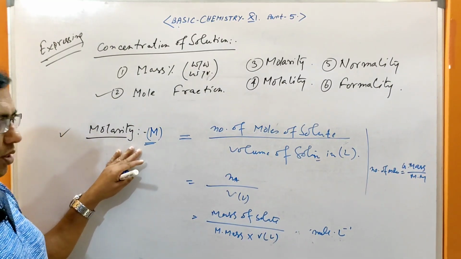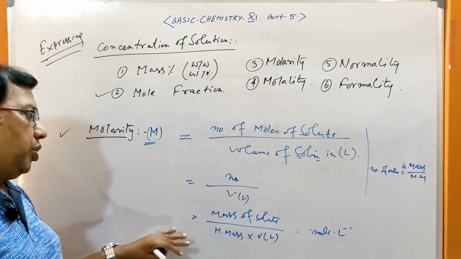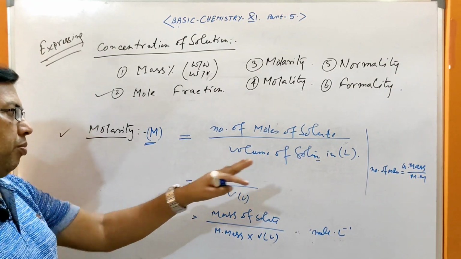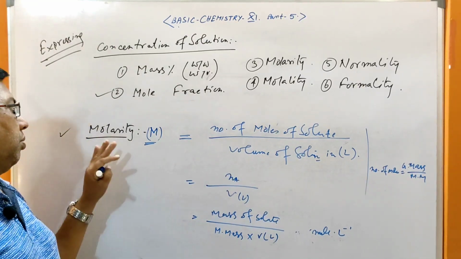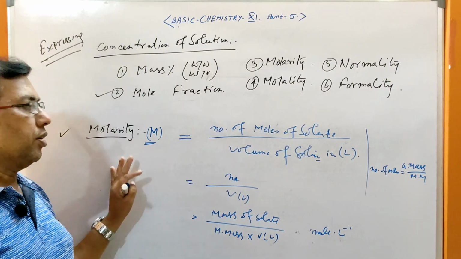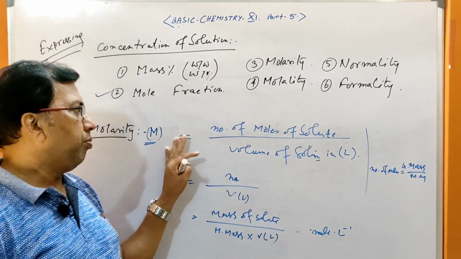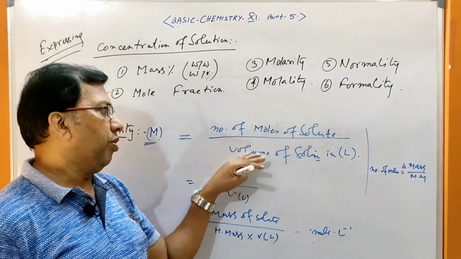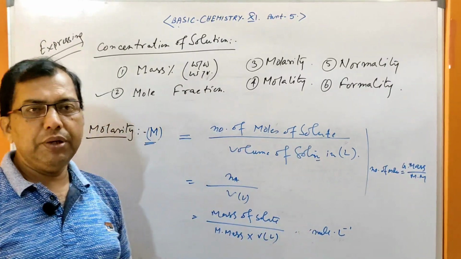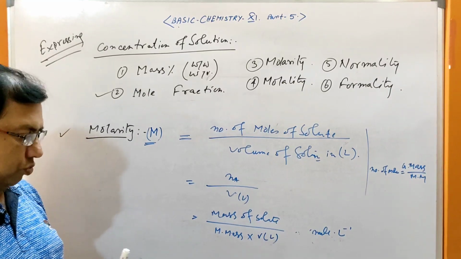The molarity. You can also convert the molarity into volume and number of moles, and also molarity and mass. This is given, you can also convert it. The molarity is the number of moles of solute in the volume of solution in liter. How many moles of solute are present in one liter? Clear?